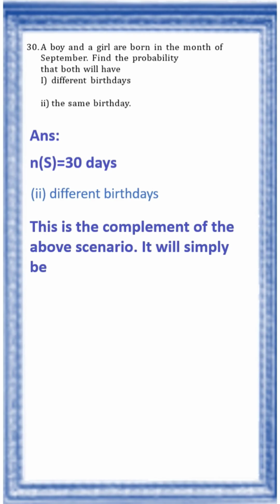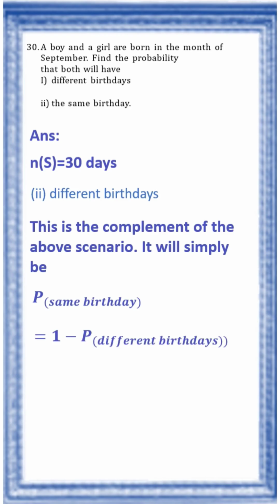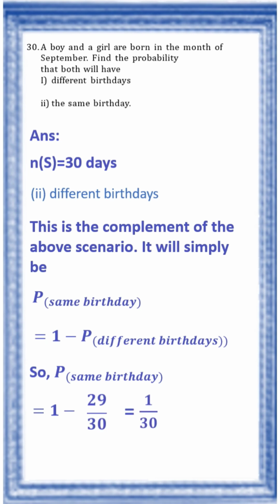It will simply be probability of the same birthday is equal to 1 minus P of different birthday, that is 1 minus 29 by 30, which is equal to 1 by 30.